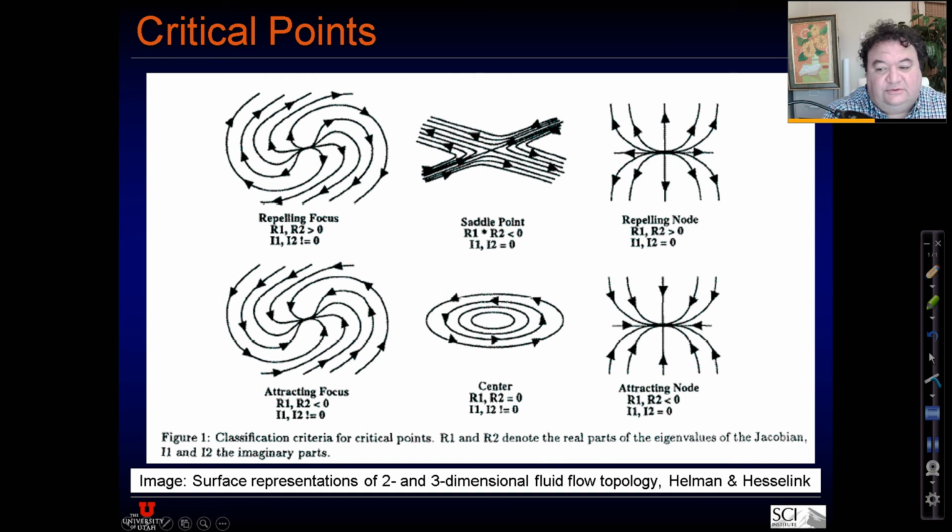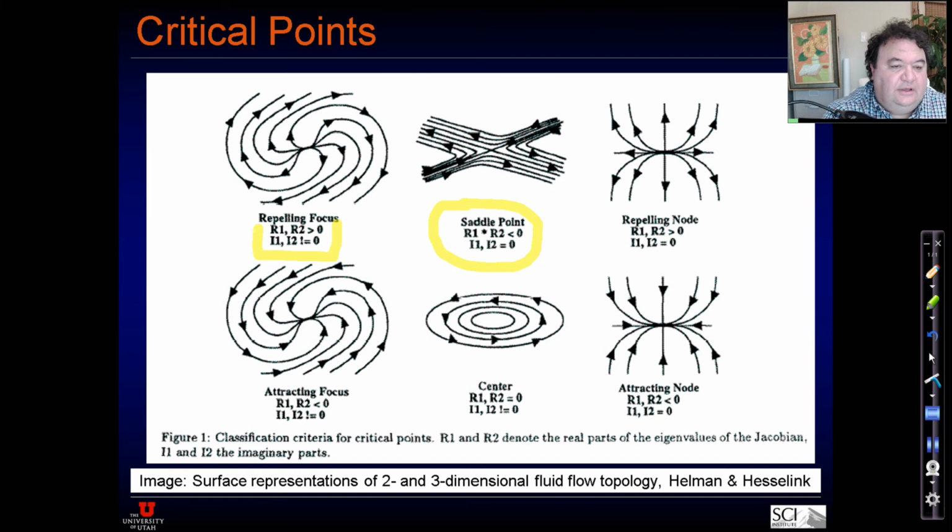Going back to the intuitive meaning, we know that eigenvalues can have real components and imaginary components, either both or only real or only imaginary. Based on that information we can classify how the flow behaves.